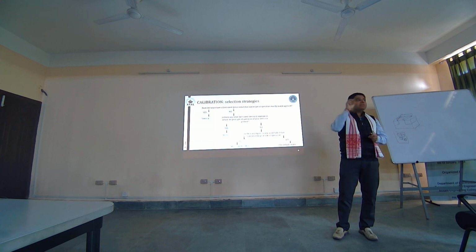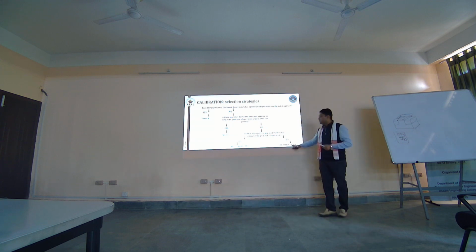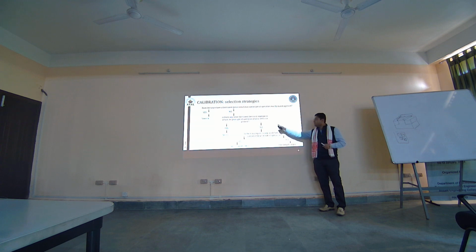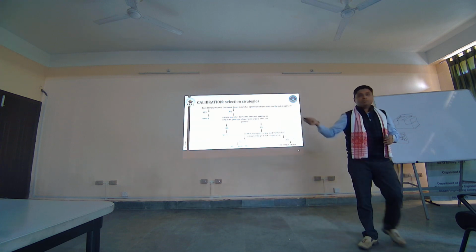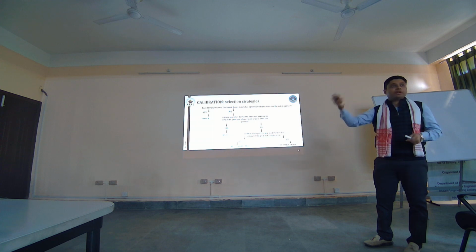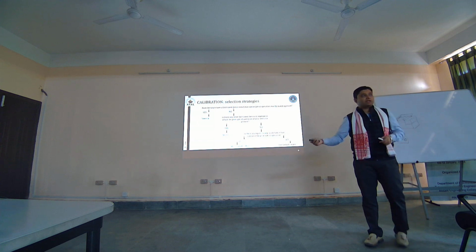Any model will have some default values plugged into those particular functions. So you'll have to go with default values once you have answered and got rejections on these three questions. Okay, clear? So these are some of the selection strategies. There are other ways of doing it, but these are the best possible scenarios that you can take.